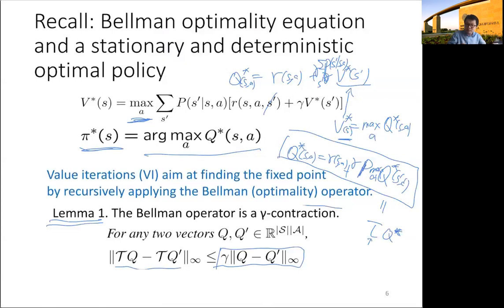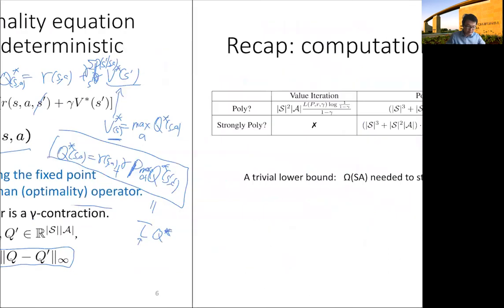So this implies that if we repeatedly apply this Bellman operator, we get a geometric sequence that converges to 0 in L infinity norm, and that gives rise to the convergence rate analysis of value iteration. Okay, so I hope this still makes sense to you. We'll be using this gamma contraction idea again in today's lecture for a different purpose.